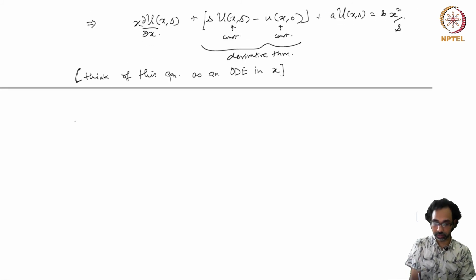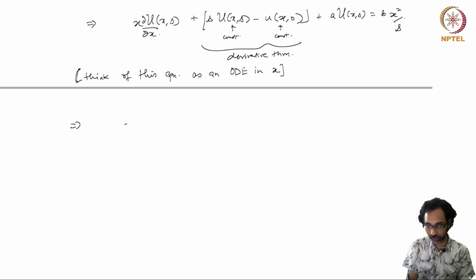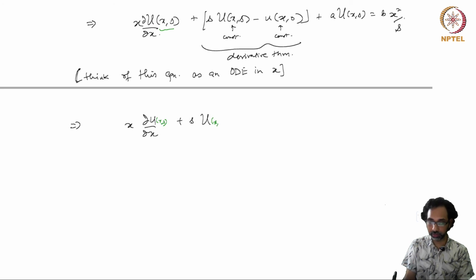So for this we can write x ∂U/∂x plus sU. I am dropping the variable names x and s because we are taking capital U. This is a variable of x and s which I am omitting from the notation.